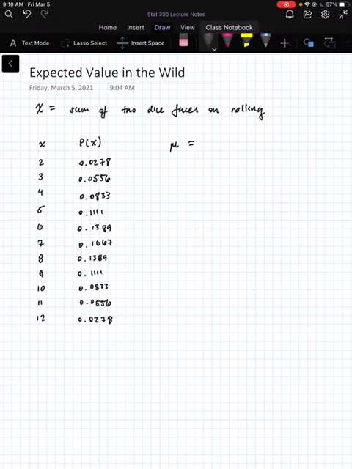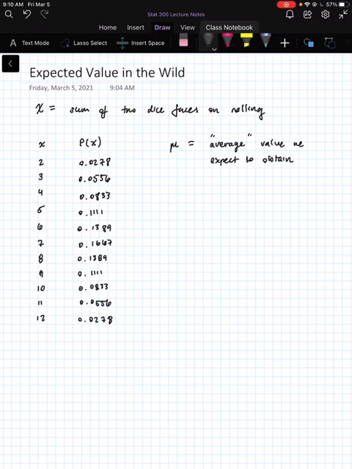And at the end of eternity, they take their sums and they calculate the mean, the population mean. So in context here, what we're saying is this is the average value we expect to obtain. So in the long run, when we take the mean of all our values, we expect to get this value.